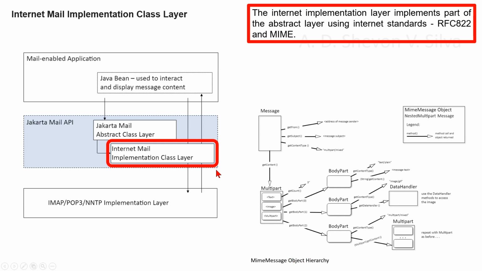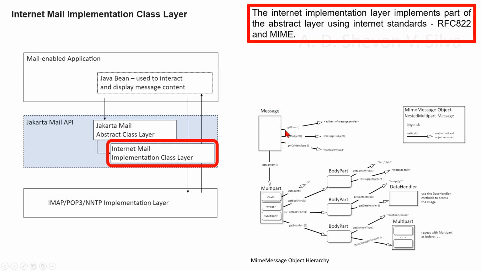The internet implementation layer implements part of the abstract layer using internet standards RFC 822 and MIME. Here you can see the MIME message object hierarchy. Here you can see the message.